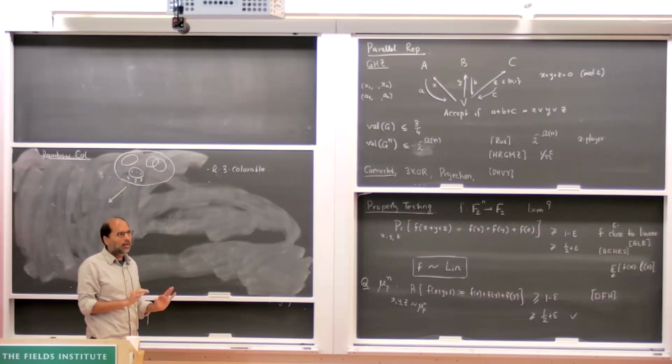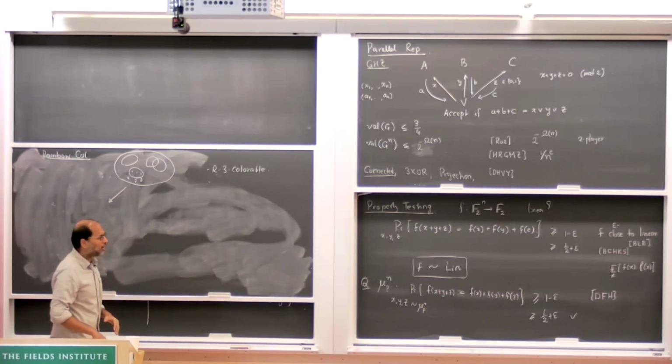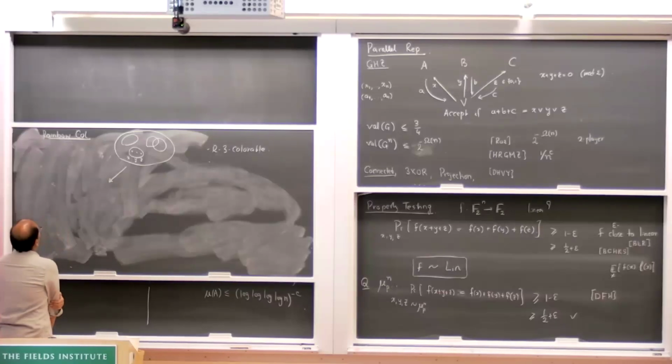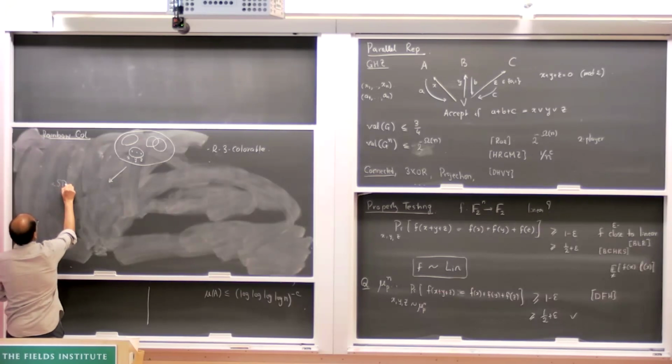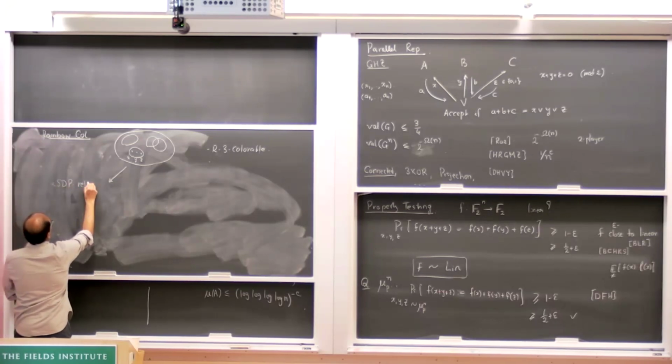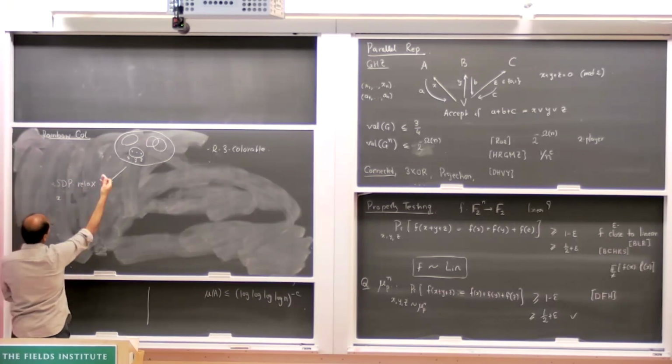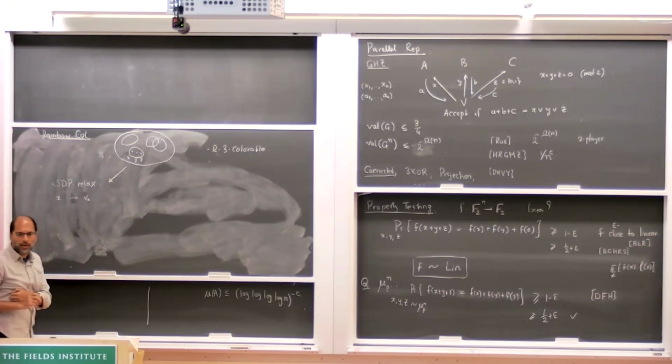They have a natural algorithm based on semi-definite programming relaxation. So I'm not going to define it; it's a bit cumbersome. But there is one. And what the SDP relaxation would do is, to every variable or vertex x, it comes up with a unit vector. Let's call it v sub x.